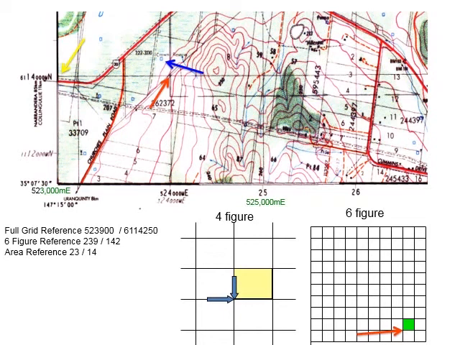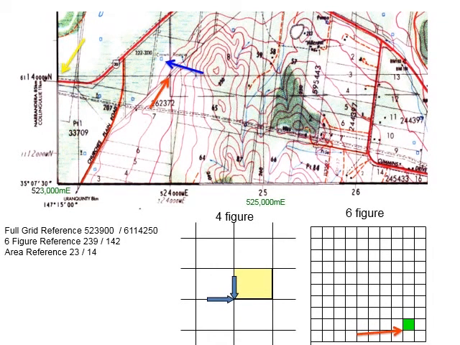So for the Crown Reserve again indicated by that blue line, we know the corner of the cell would be 523,000 meters east, and if it was written there, the 2,3 would be in large numbers, and so we would write 239, with the 9 indicating it's 9/10 of the way across.